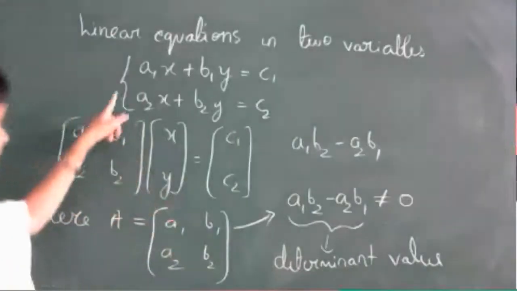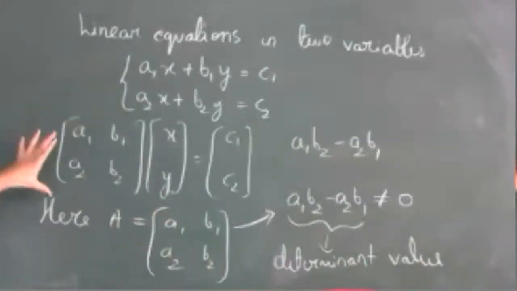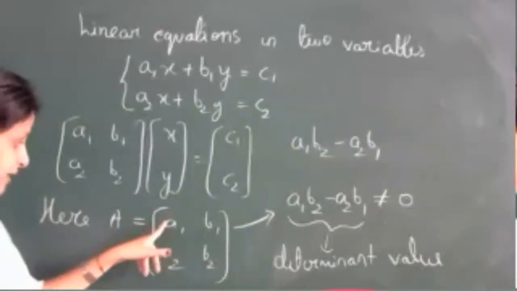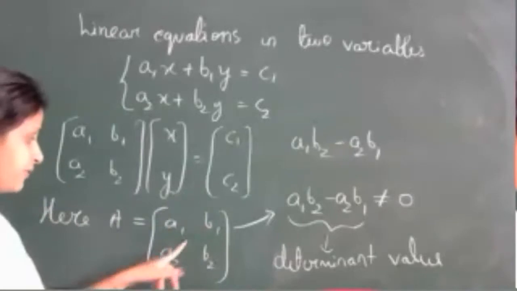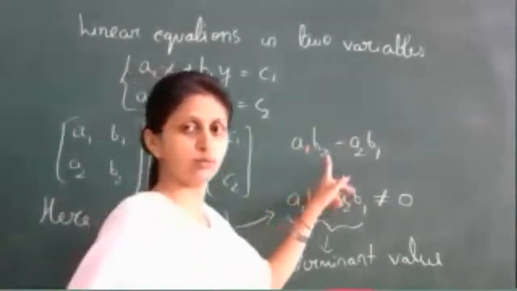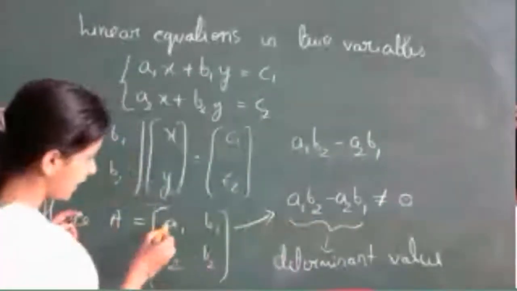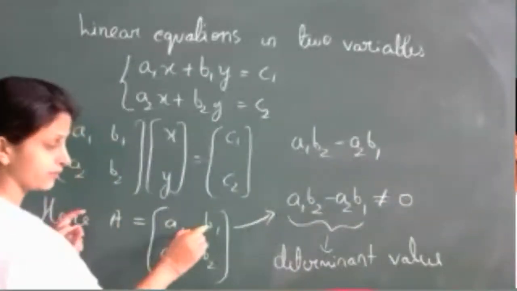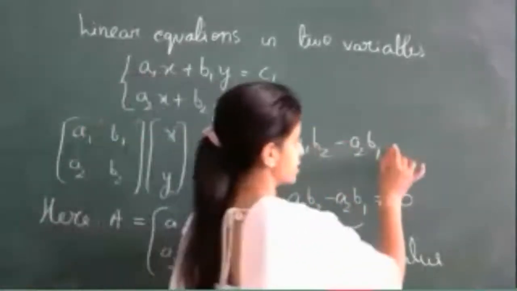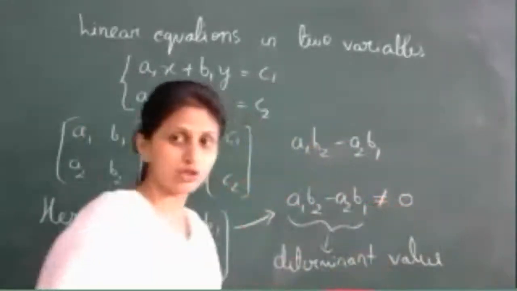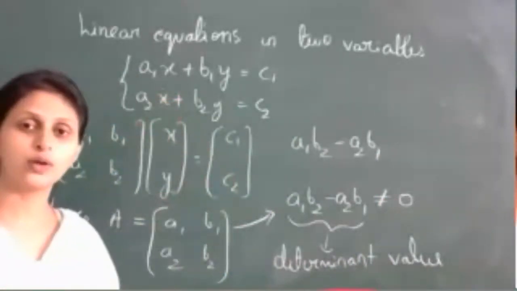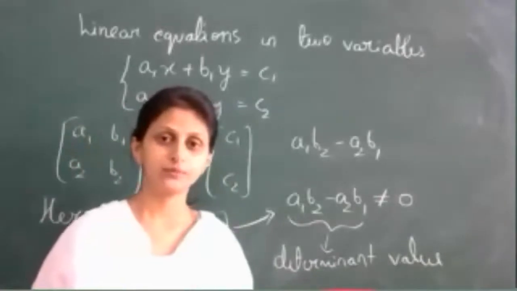Now if I write the system of linear equations in the form of a matrix, matrix A is A1 B1, A2 B2. Now if I find A1 B2 minus A2 B1, and if this turns out to be not equal to 0, then you can conclude that the system of linear equations will have a unique solution.